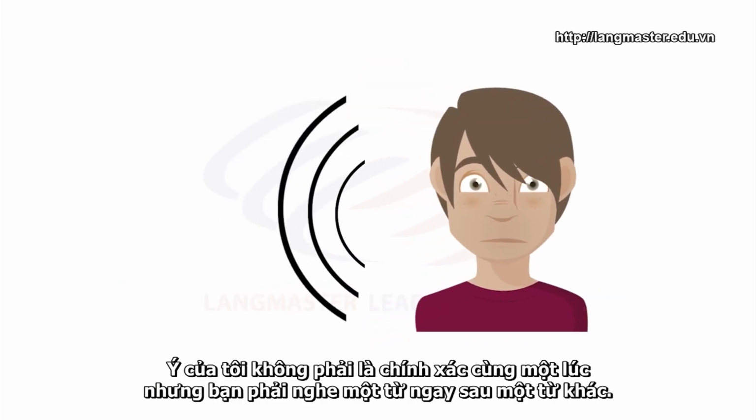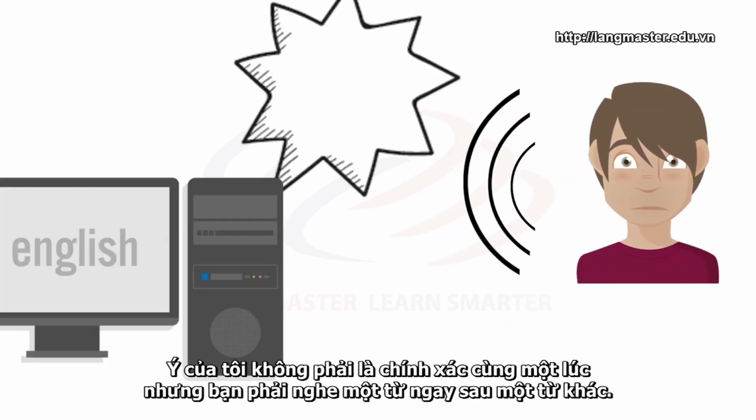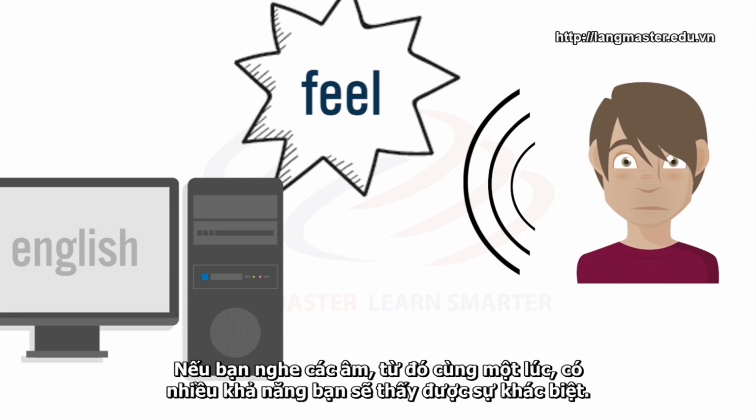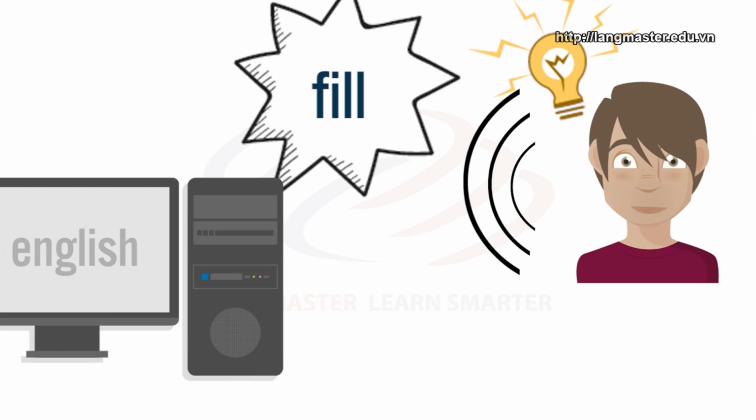I mean, not exactly at the same time, but you listen to one word immediately after the other. If you hear those words at the same time, you are more likely to notice the difference. And after you've noticed the difference, you can then practice pronouncing those words.